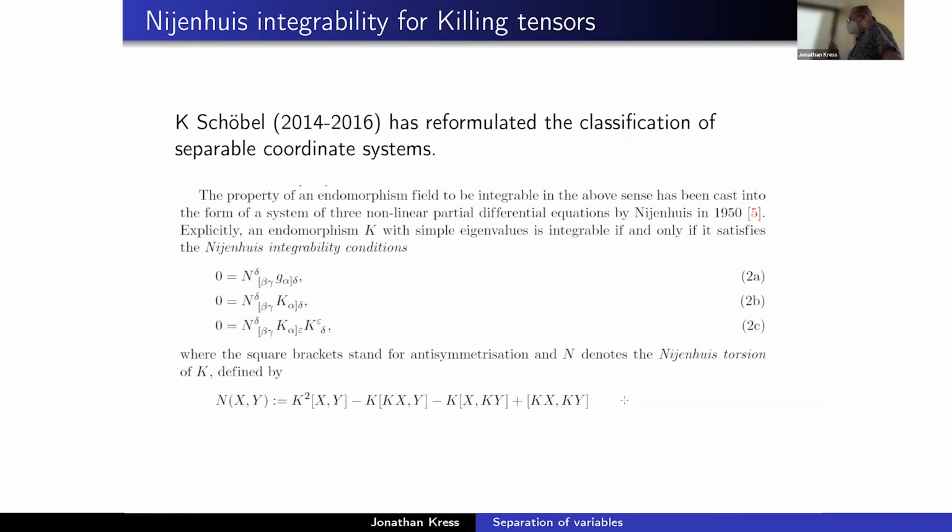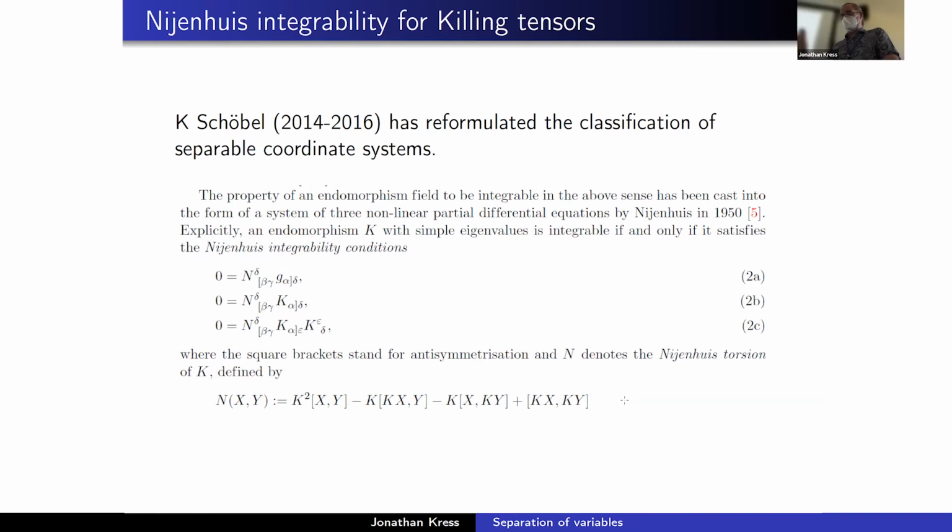Much more recently, Konrad Schöbel, who was in Jena working with Vladimir at the time, was looking at separable coordinate systems from perhaps a different point of view. At the time when Eisenhart did his work, this was before the results from Nijenhuis, and I don't think Ernie Kalnins and Willard Miller knew about any of that.